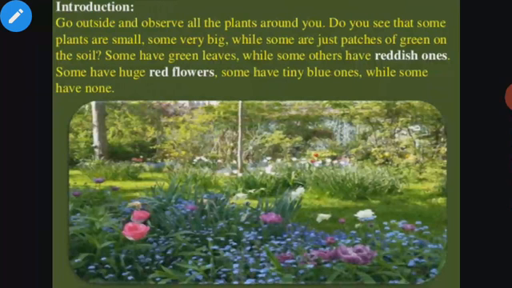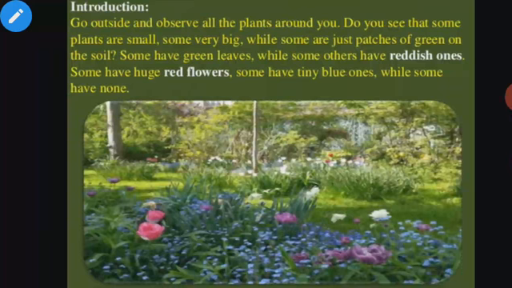Some have huge red flowers, some have tiny blue ones, while some have none. The shape, size, and color of the leaves are different.